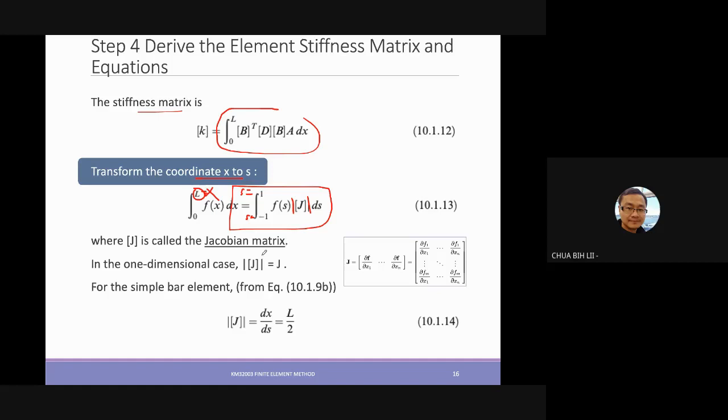Coincidentally, because this is a one-dimensional case, the determinant of the Jacobian matrix equals the Jacobian as well. This is how we define the Jacobian matrix. For a simple bar element, the determinant of our Jacobian matrix equals dx over ds, which equals L over 2. This is what we put into our formulations.